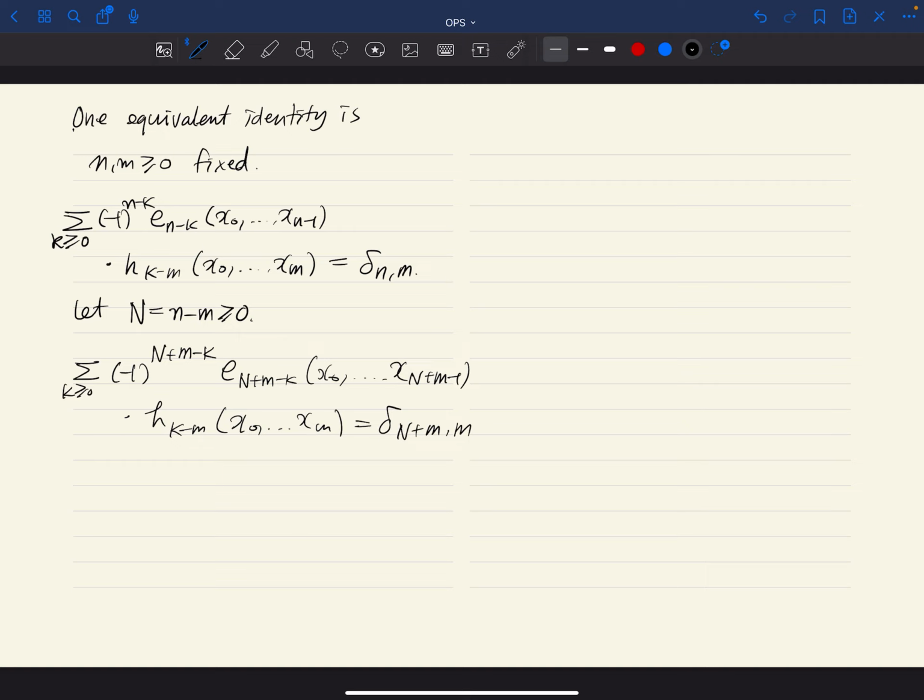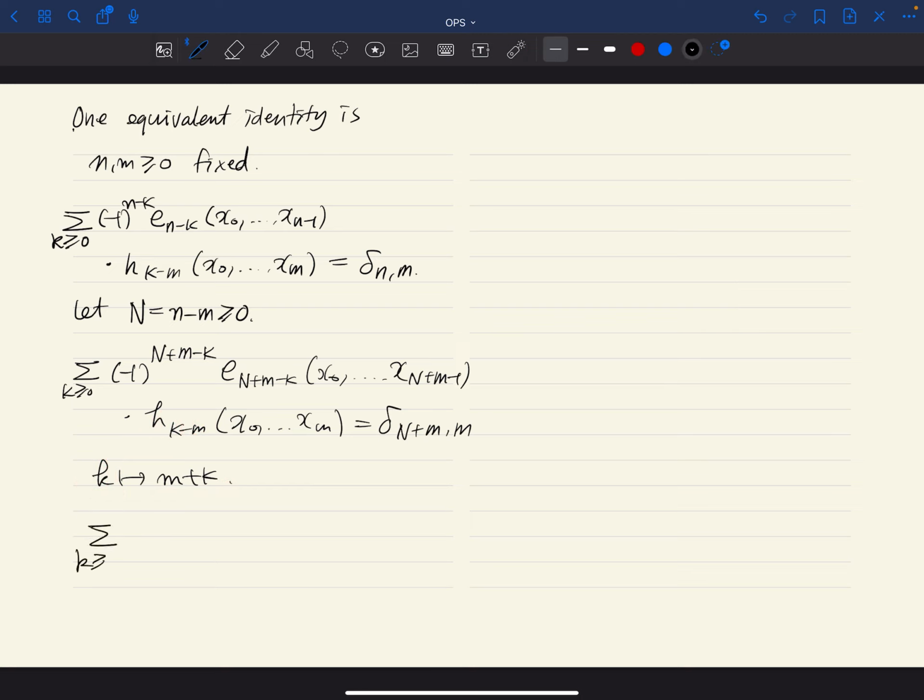And now let's replace k by m plus k. k must be greater than or equal to m anyway, so we can replace this by m plus k. I'm just rewriting the sum.